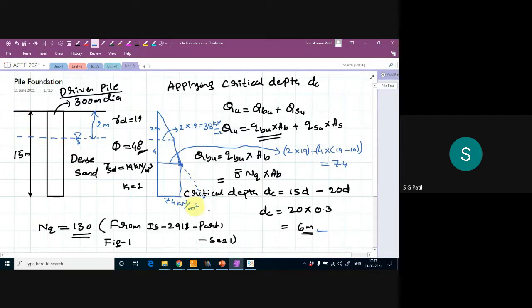If I got around 120 kilonewton per meter square here, then my load carrying capacity of the pile would have increased. Today I will solve by employing the critical depth concept. The same problem I will solve without considering the critical depth concept in tomorrow's class, so that you can see the difference between both.